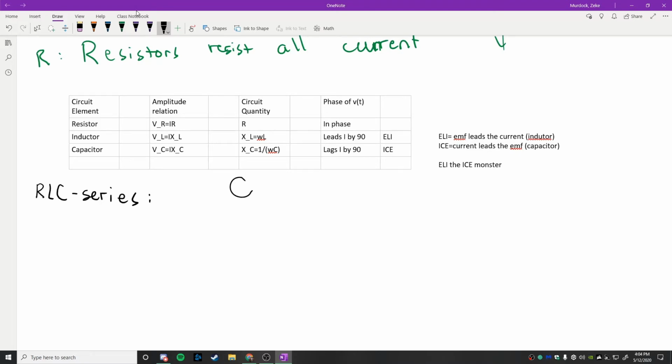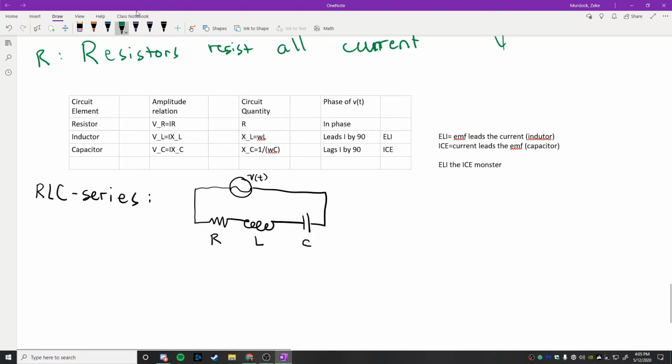You'd have your voltage source, and connected to this, you just make a series circuit. So you're going to have a resistor, inductor, and a capacitor, all connected in series. So C, L, R, with a current flowing through the system.